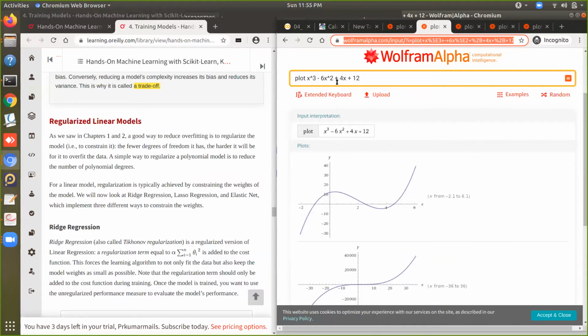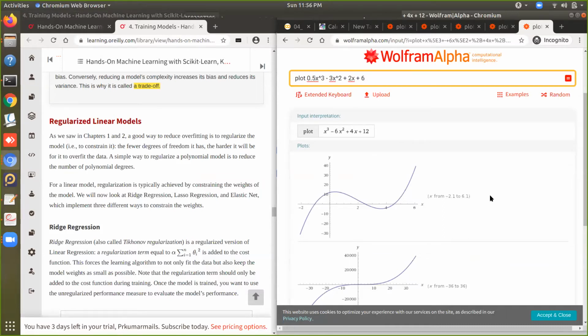Yeah, this is x cube plus 6x squared plus 4x plus 12. We can see the same here. If we reduce everything by half, is the graph the same or different? It will be the same, right?